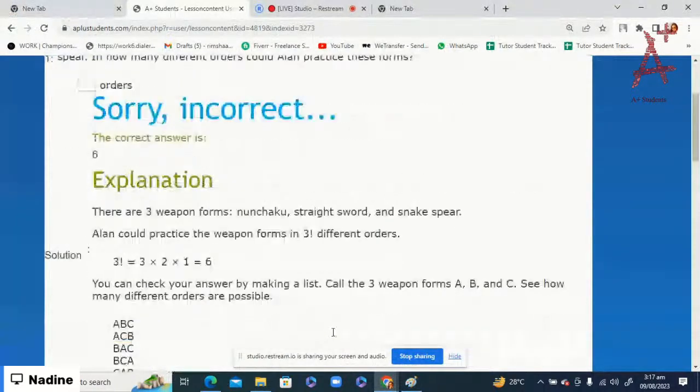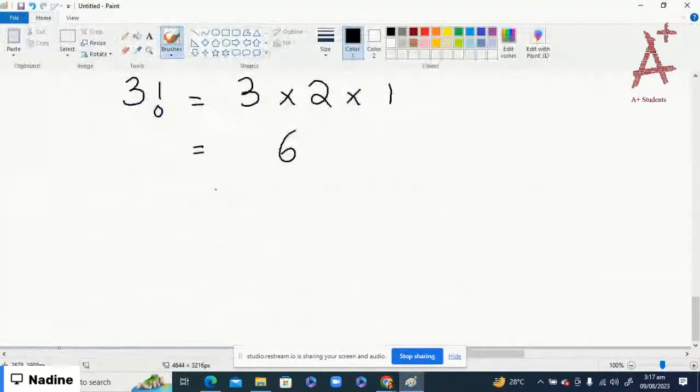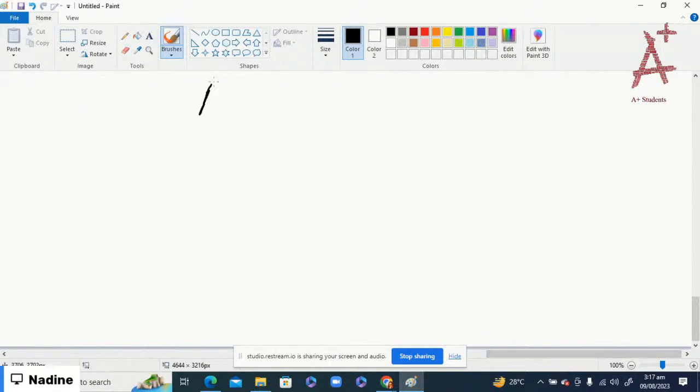Like how? For example, there are 3 weapons named A, B, and C. These are the names of the weapons. The first weapon is just identified, that's why I'm putting A, B, C. So there are 6 orders for that. Now for that, first of all, you just change the positions.